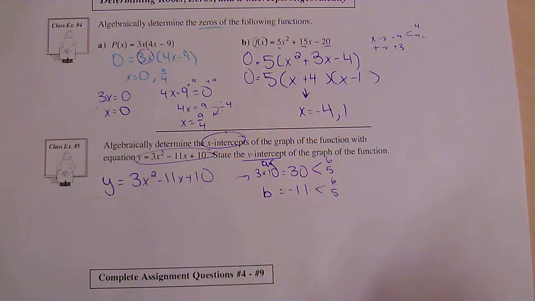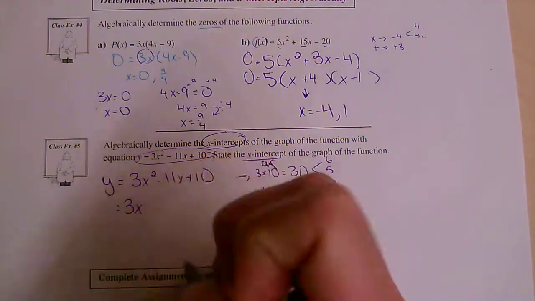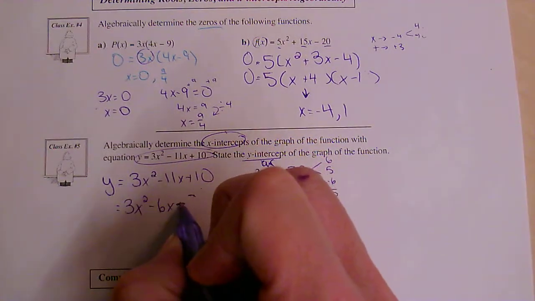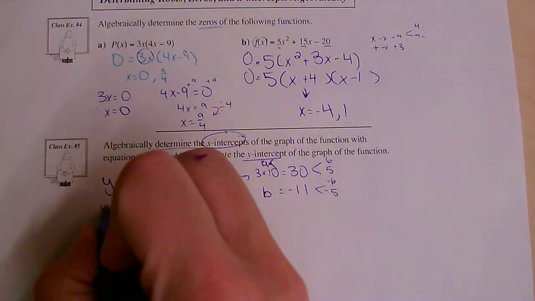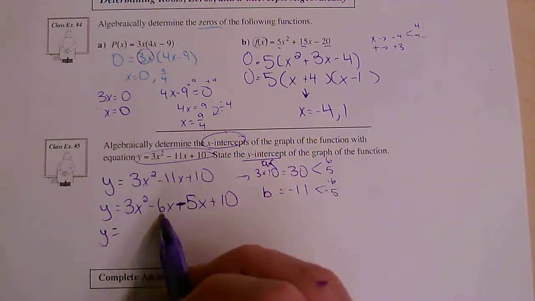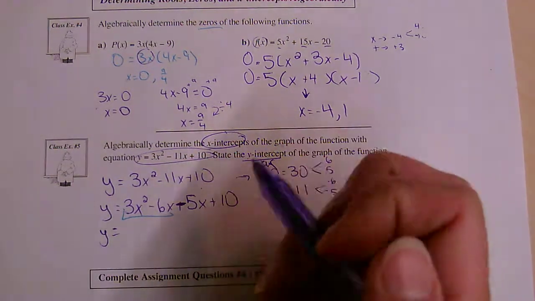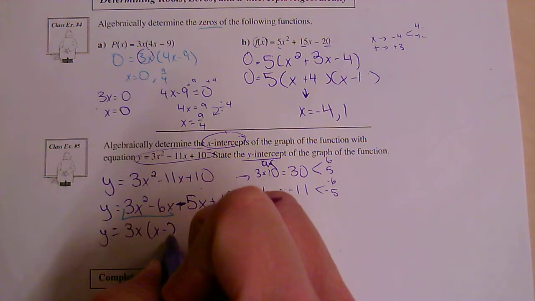So 6 and 5, and then we need to figure out where to put the negative signs. These would both have to be negative. So then -6x plus, sorry, -5x plus 10. And then we group. What's common in 3x squared and -6x? That is a 3x.